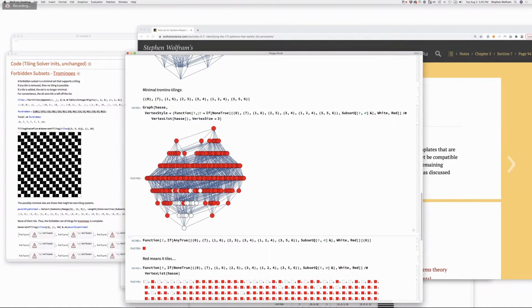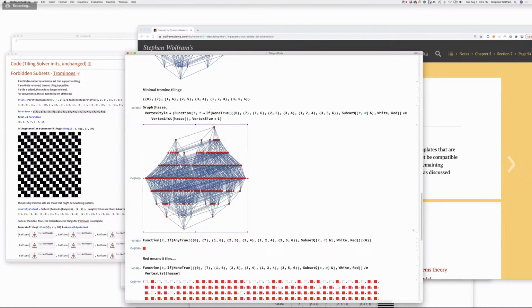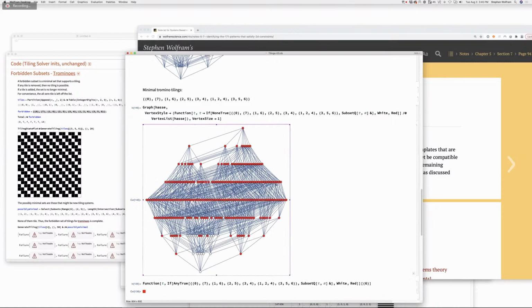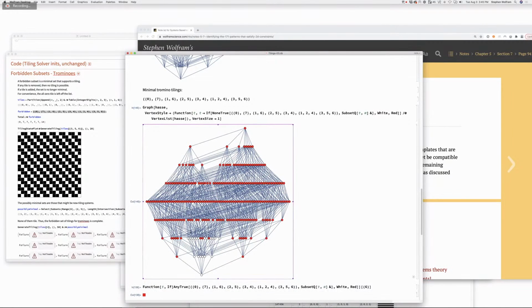Okay, there we go. So what we've got here in the Hasse diagram represents the untiling frontier, so to speak, for trominos. Does that make sense? Yes.